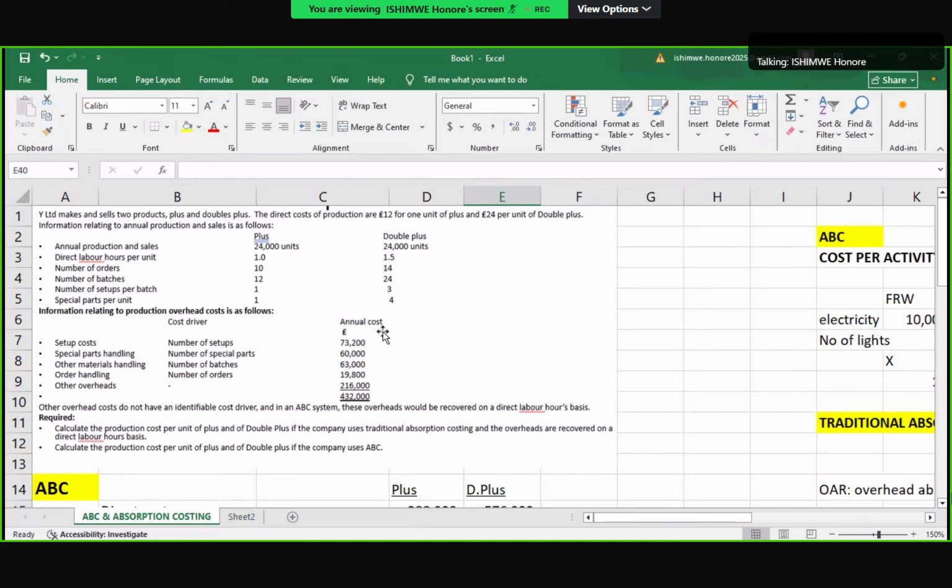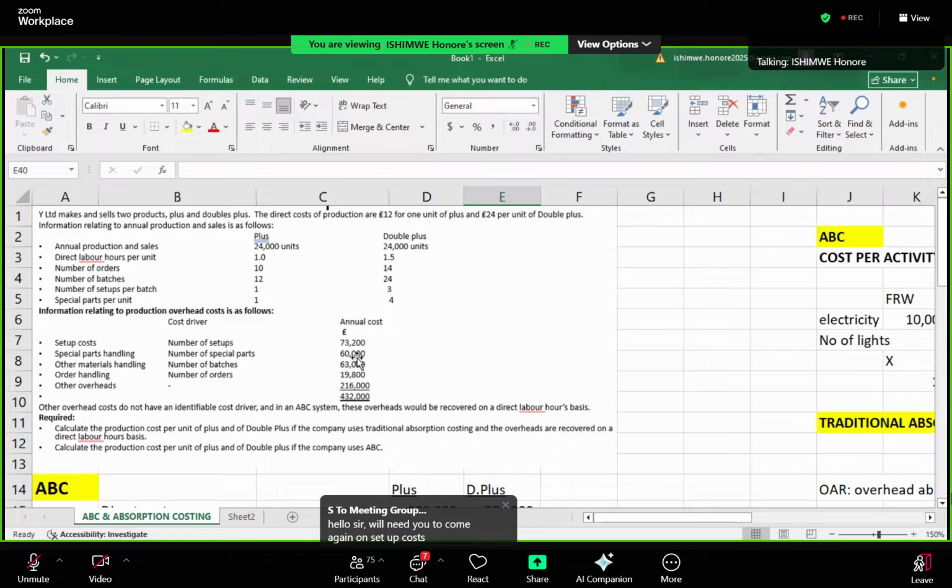So because it's per one unit, I multiply by the whole units to get the number of special parts. Then I divide to determine the cost per activity. After that I will divide it by the whole units to determine the cost per one unit.